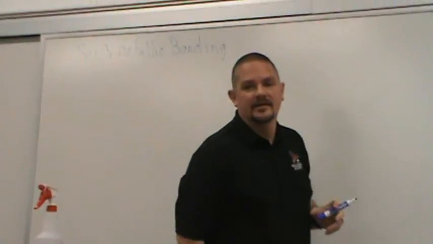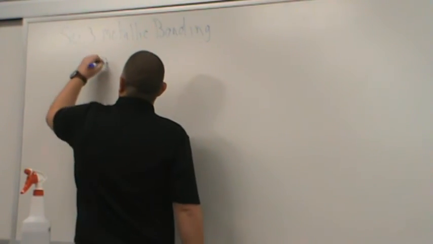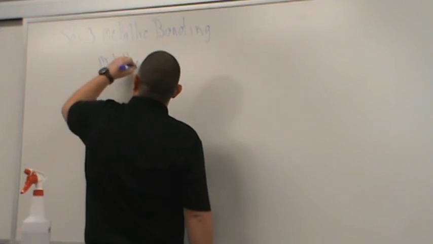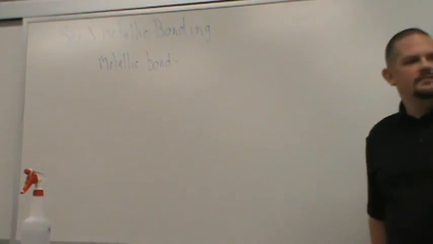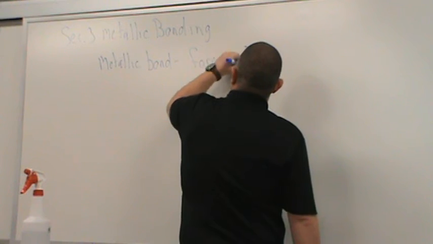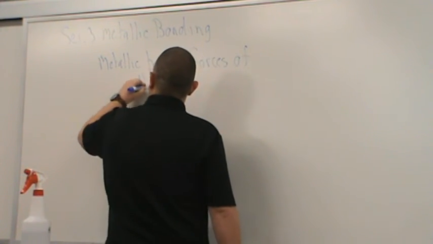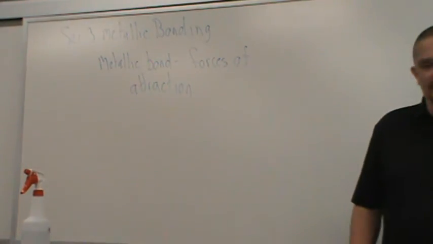Is on metallic bonding. Now, metallic bonding, what do you think we're going to be looking at? Metals, okay? So what is actually a metallic bond? Okay, this is what the book says metallic bonds are.